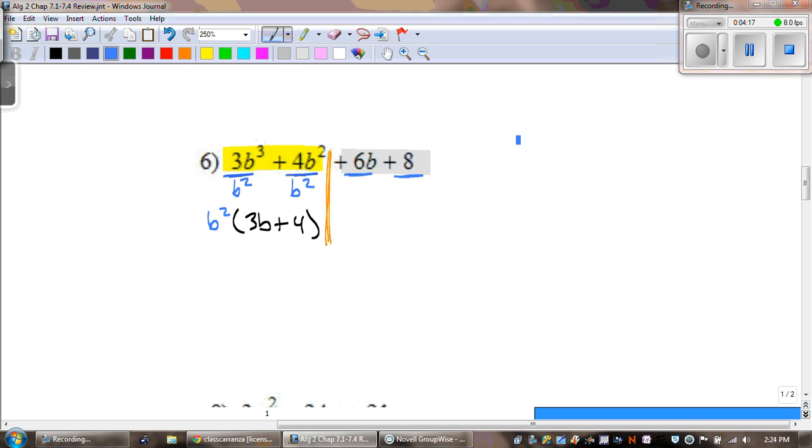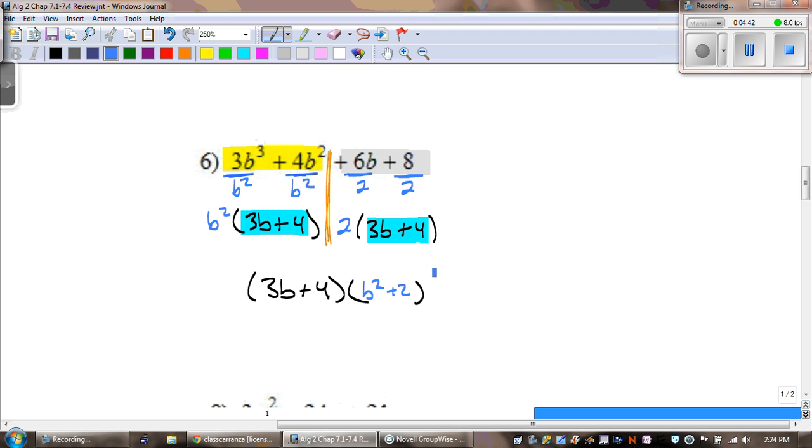What's the GCF of the back? Okay, well, I can take out a positive 2, so the 2 comes out front, and we're left with 3b plus 4. And here's our check to make sure we did it right. We did. The 3b plus 4 is one binomial, and then the b squared plus 2 is our other one.